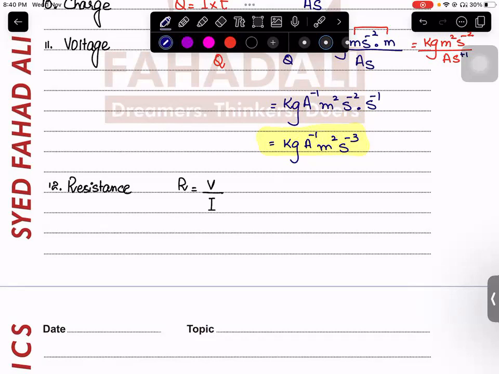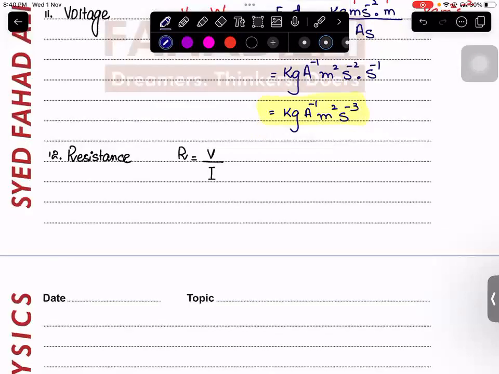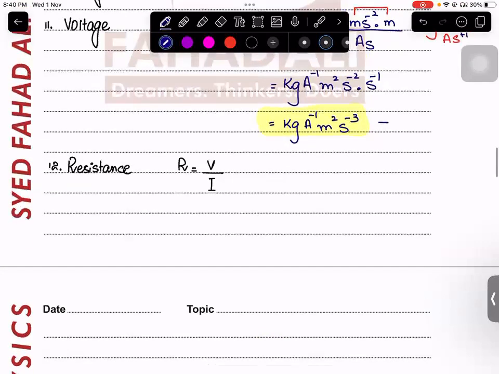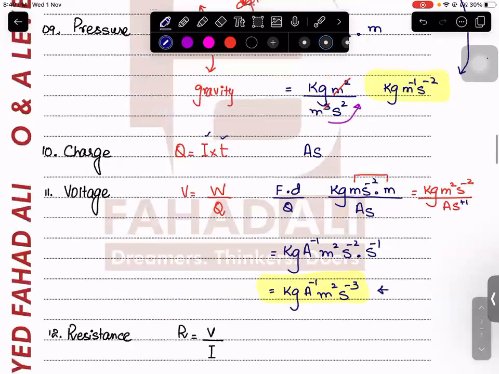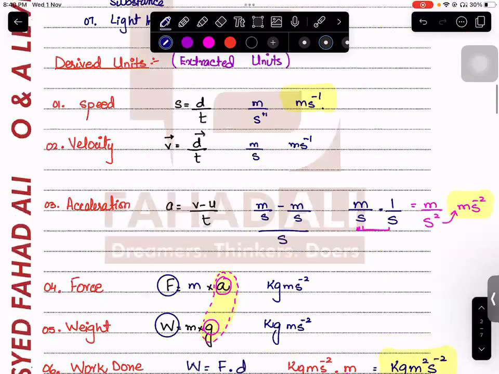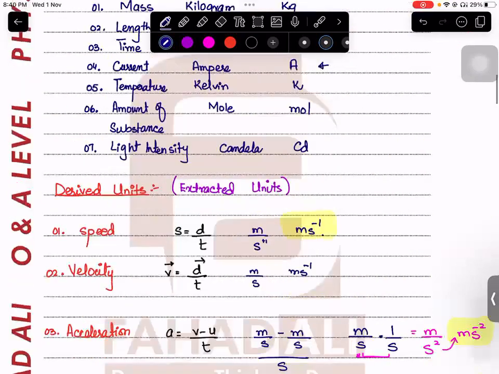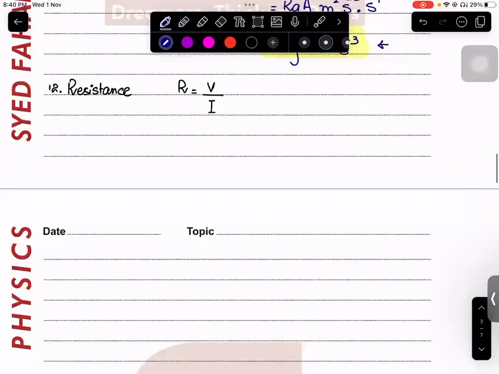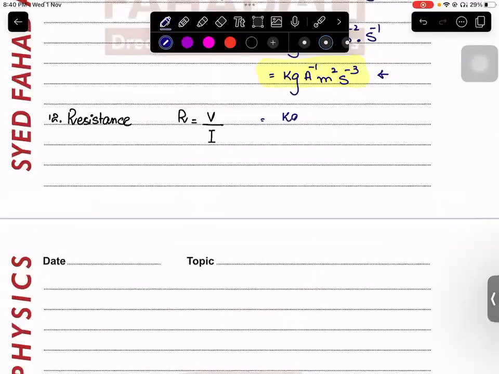Lahore Grammar, excellent. Okay, now resistance has a formula: voltage upon current. Okay, what did you get for voltage? Voltage is this. And we know that current is a basic quantity which has a unit of ampere. Putting these two together will work like this: kg A minus 1 m square s minus 3 over A. Now again, this is plus 1 and minus 1 up, both will not cancel. So what you will do is move this upward.